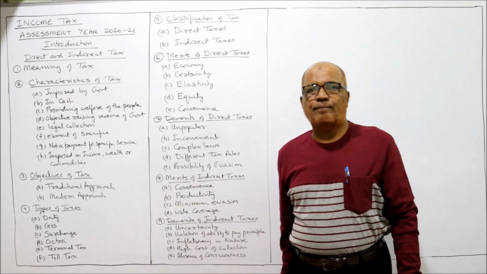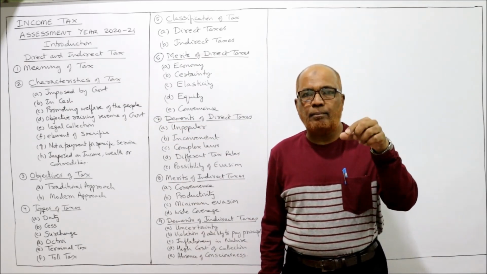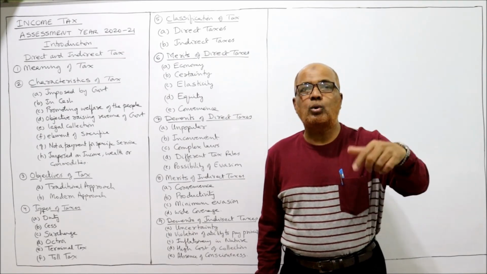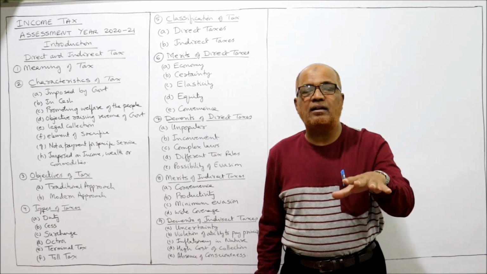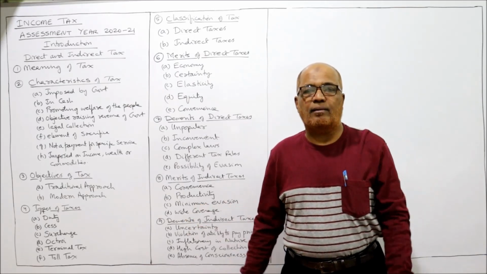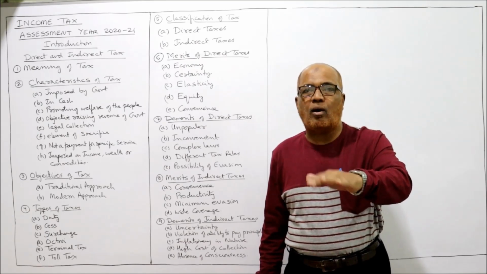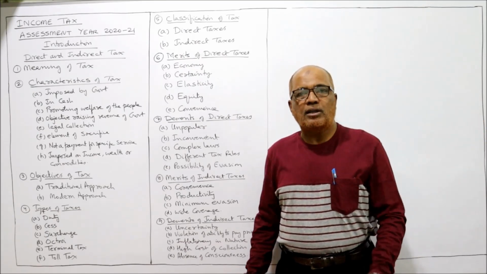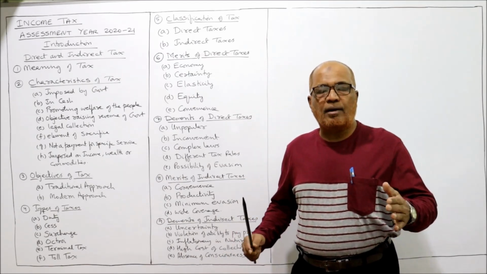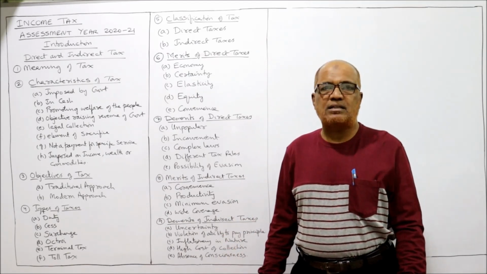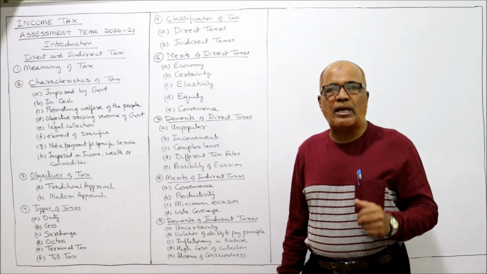First of all, tax. A tax is a compulsory contribution made by the people of the country to the government, so that the government can spend the money on the common welfare. The government requires huge funds, revenue, for conducting different types of activities like welfare activities, developmental activities, social activities.